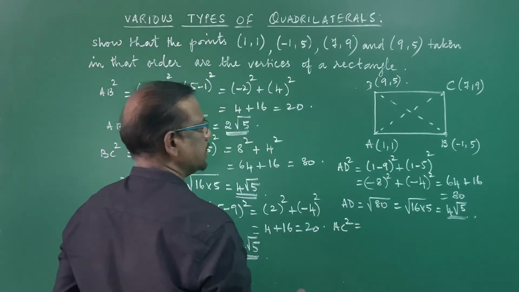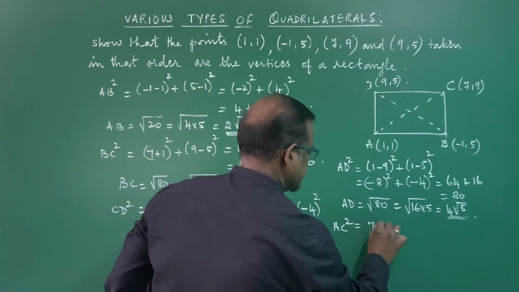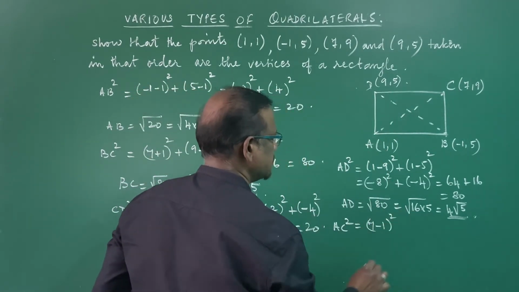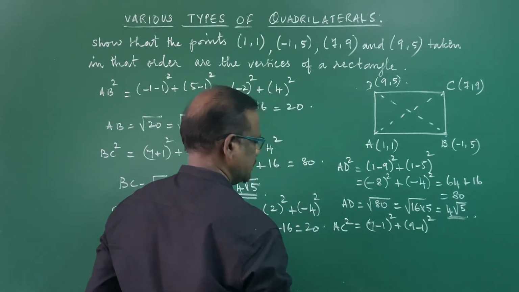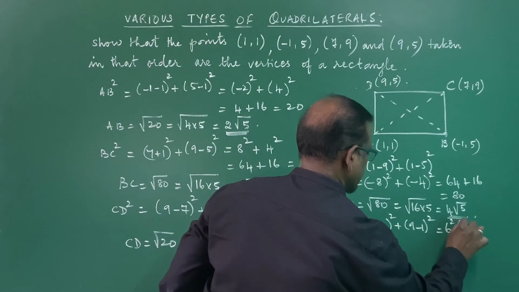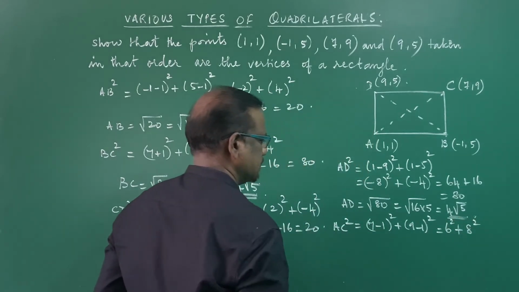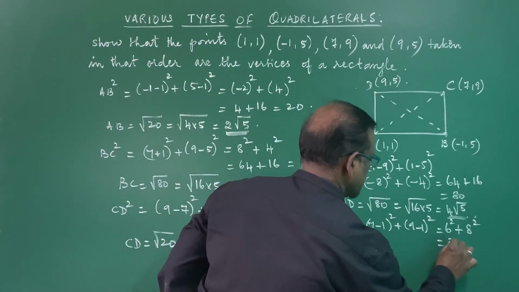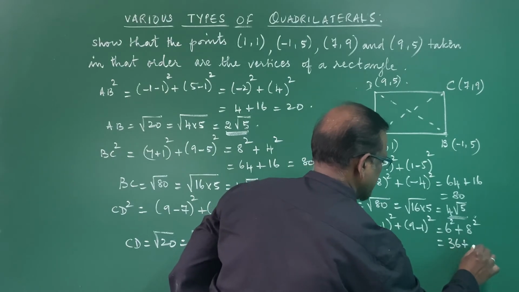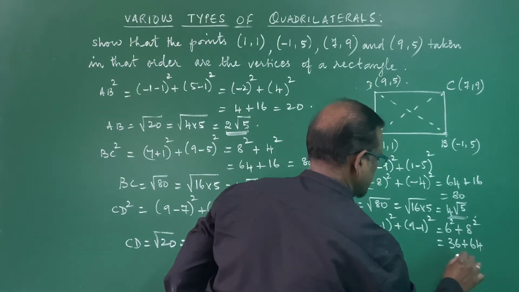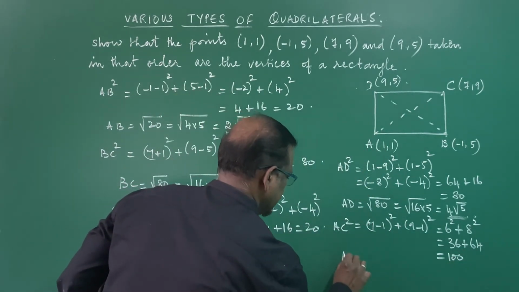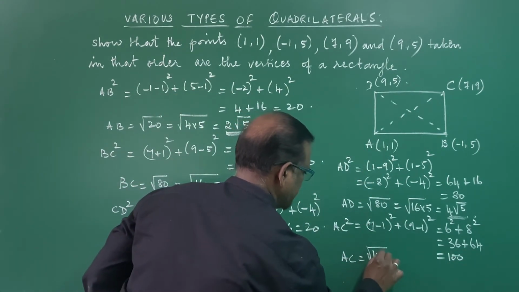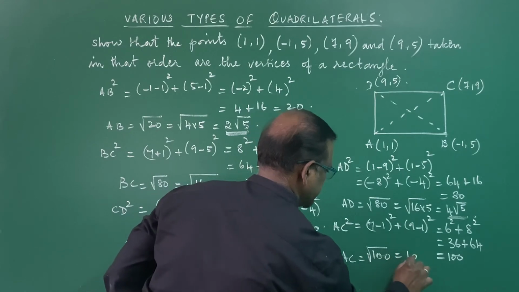So AC square is equal to 7 minus 1 whole square plus 9 minus 1 whole square, that is equal to 6 square plus 8 square, that is equal to 36 plus 64, that is equal to 100. Therefore, AC is equal to square root of 100, that is equal to 10.